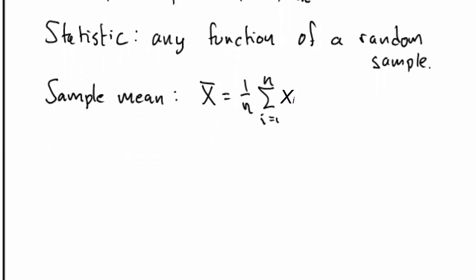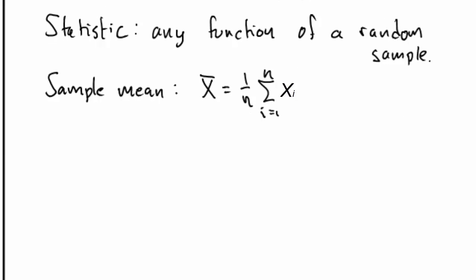Let's say that the random variables in the random sample have a distribution which depends on some unknown parameter, which I'm going to call mu.